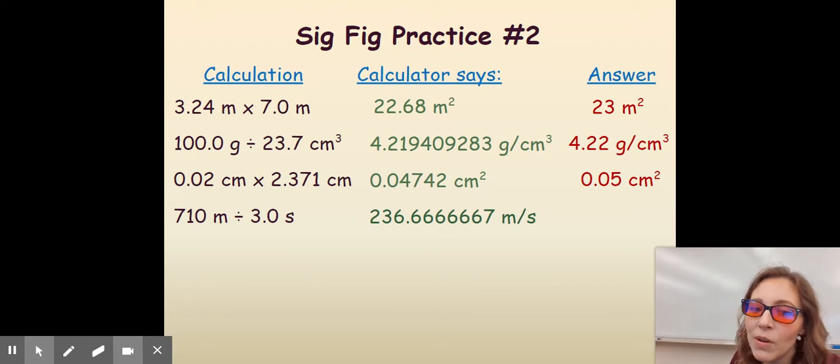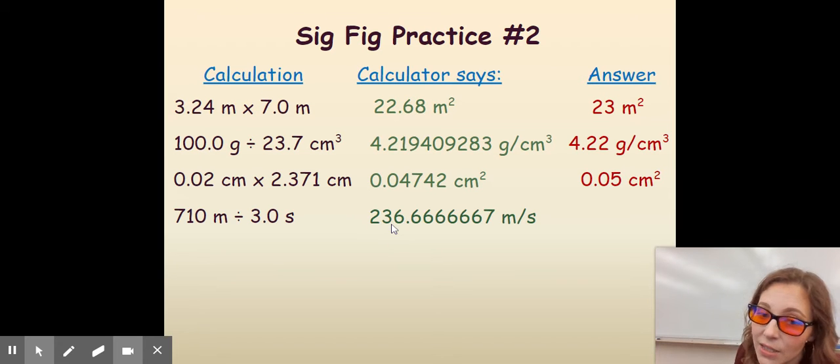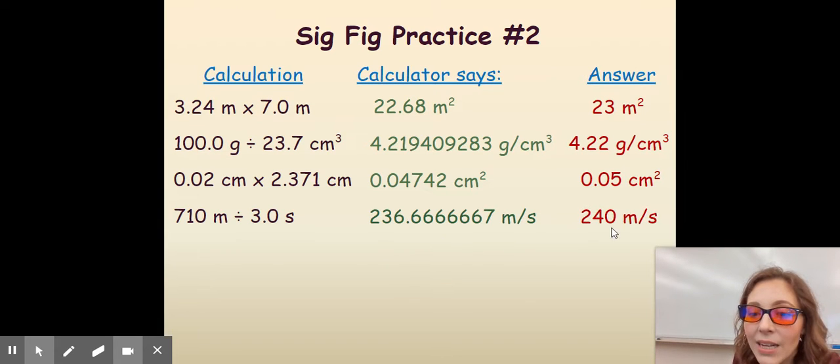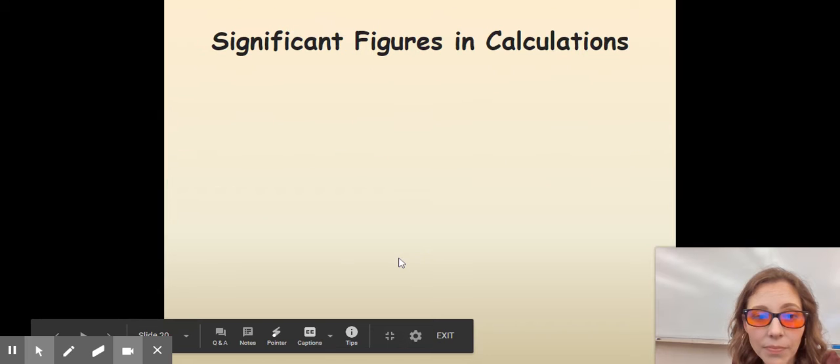Well, I'd be upset if I went from 236 to just 24. So if we add a 0 there, so we're going to say 2 and 4, because that 6 is going to round the 3 up, and then we add a 0 with no decimal point, then that 0 is not significant, and we're still only reporting 2 sig figs. And then m divided by s is m/s, and that's your unit. You're going to have to know that.